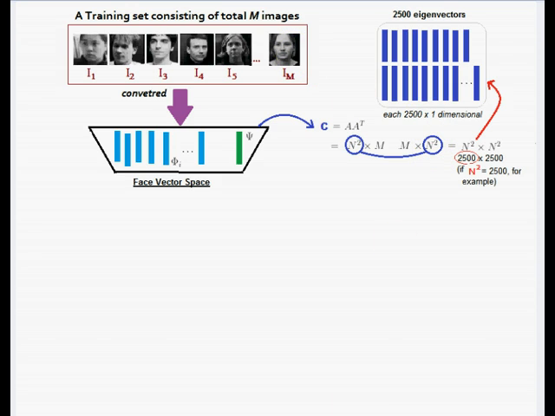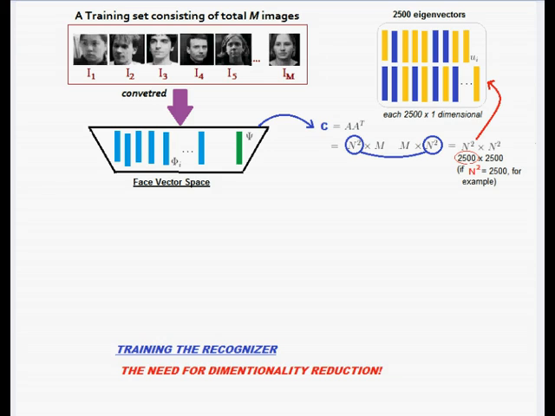Now remember that we said that we need to find K significant eigenfaces, because the principle of PCA-based face recognition was to represent each image in the training set as a linear combination of K selected eigenfaces, where K is going to be less than M. For example, if M was 100, there were 100 images in the training set, then the eigenfaces that we are going to use must be less than or equal to 100.